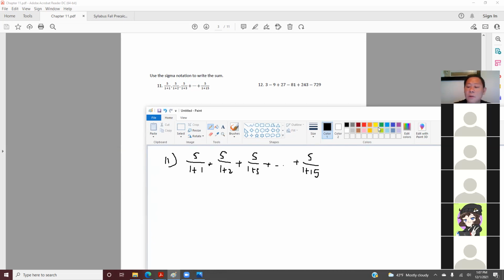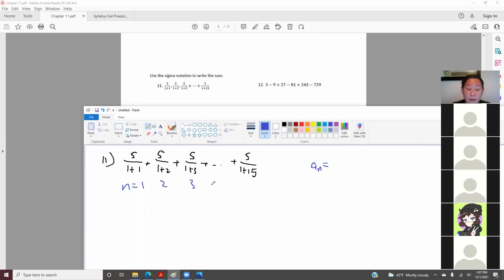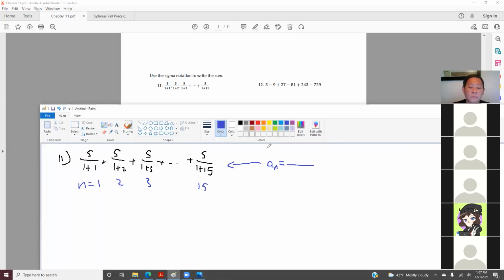So can someone tell me what your a_n term is here? n in this case is 1, 2, and that's terms 1 through 15. So what is the a_n term for this case? 5 over 1 plus n. Yep, 5 over n plus 1 or 1 plus n, the same thing.